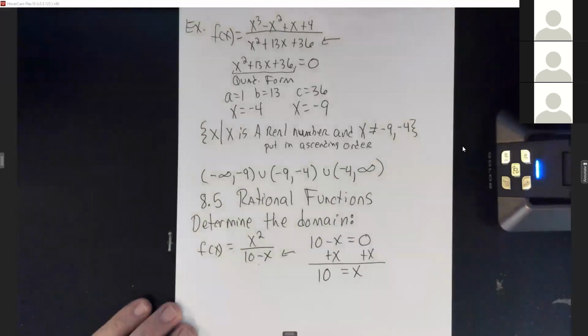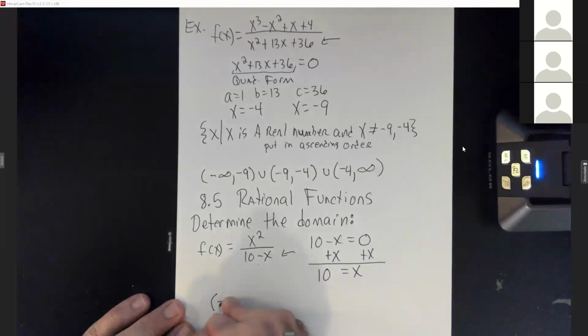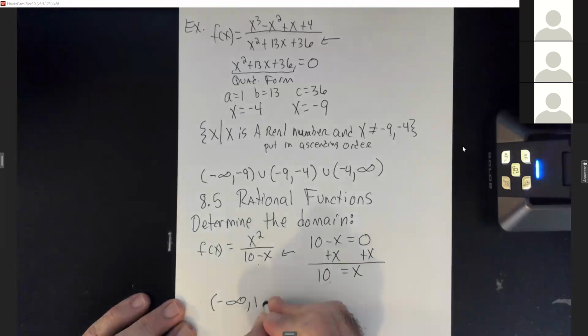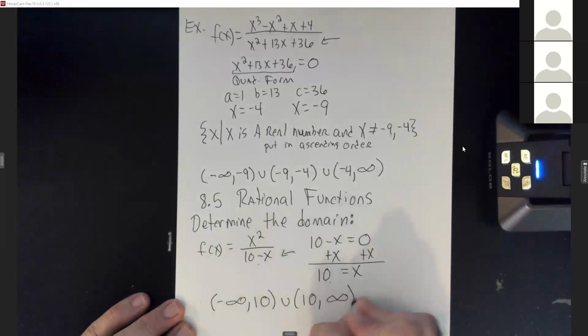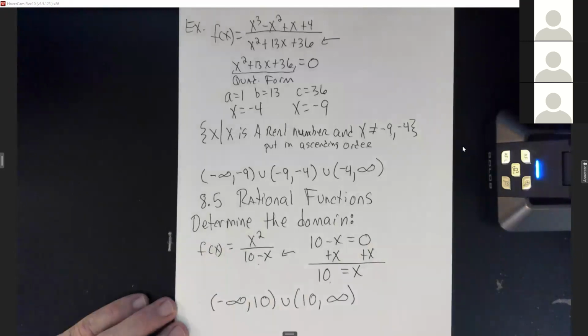All right, y'all, so the domain on these just wanted me to write them in interval notation. So the interval notation would start at -infinity until I hit that 10. Then I would union around that 10 until I hit positive infinity. So 8.5 started out doing what you did in 5.1.